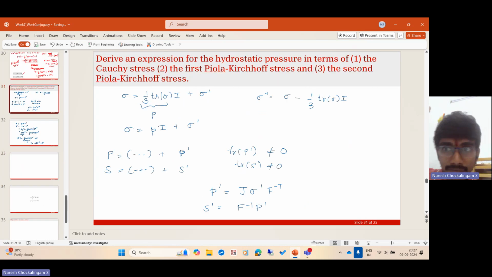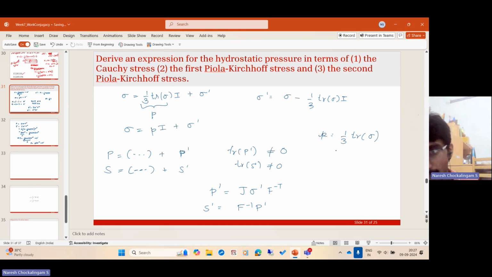So for the first part of the answer, it is this, right? By definition, p is nothing but 1/3 trace of sigma. So it is 1/3 trace of sigma, which is sigma double dot identity. So this answers the first part.